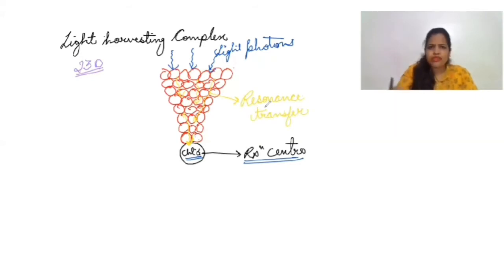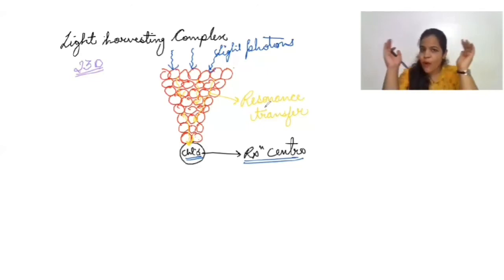Suppose we do something mischievous in the school. Our school principal will not get the news directly, but the teachers will send the news to the principal. Our complaint is the light photons. The red molecules of the pigments are the teachers, gossiping and transferring the complaint about the student to the principal, which is the reaction center.